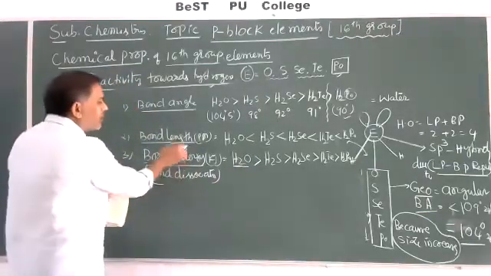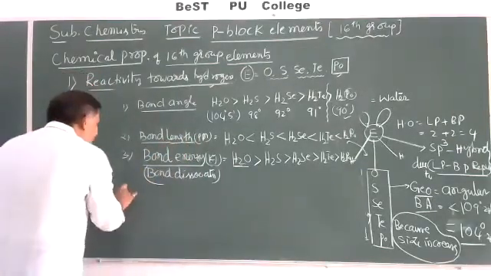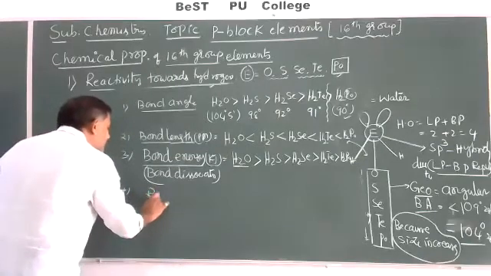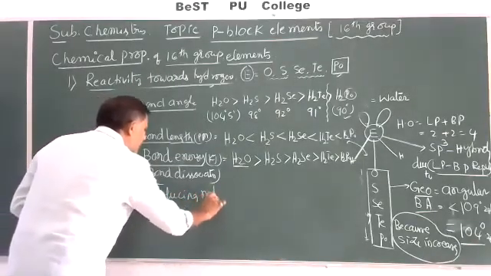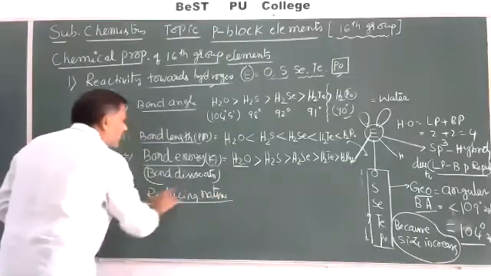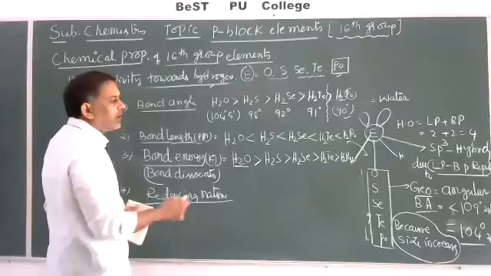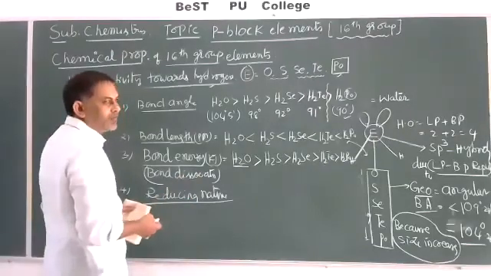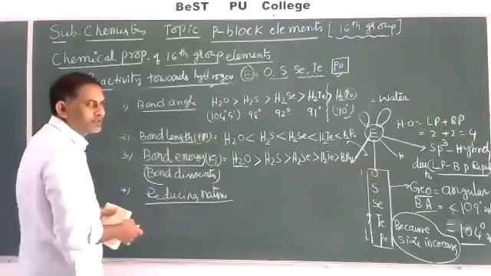Attractive forces are more because the bond length is less. That's why the reducing nature is least for water and highest for H2Te or H2Po, because reducing means ready to produce H plus ions.